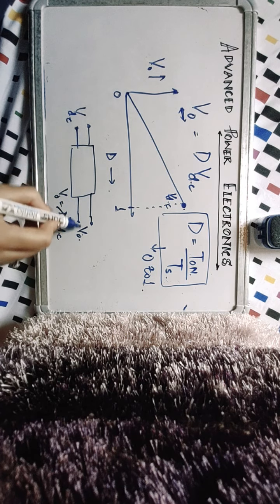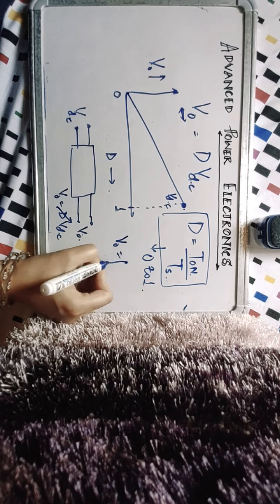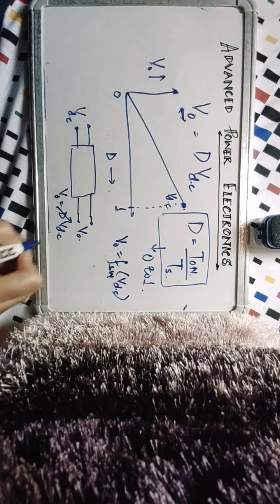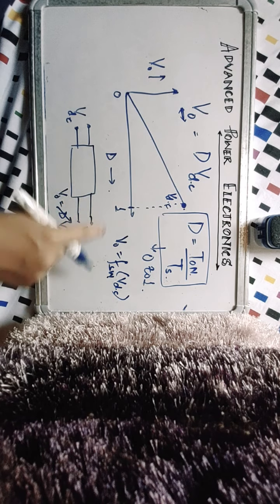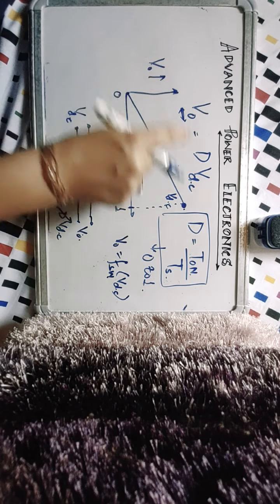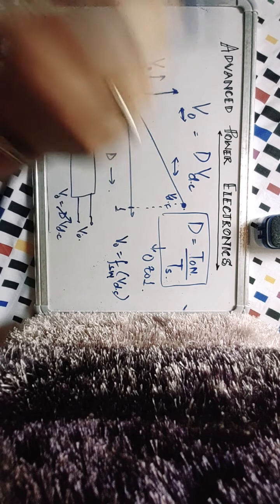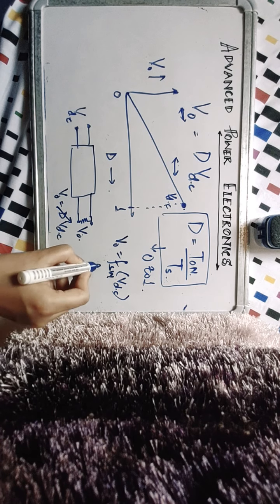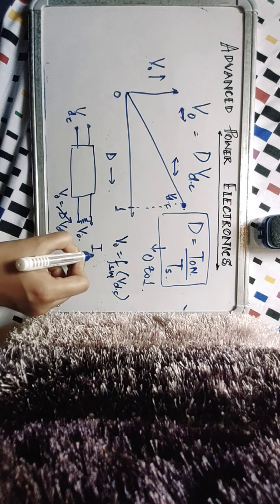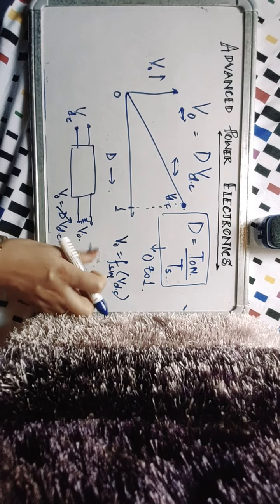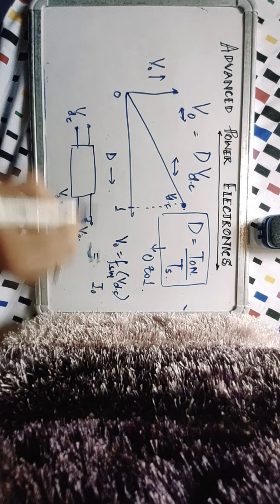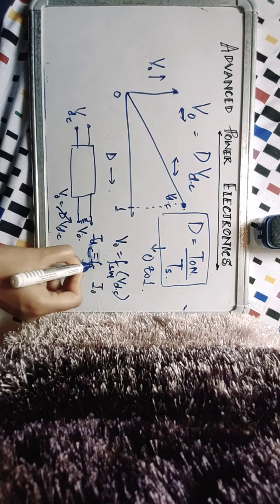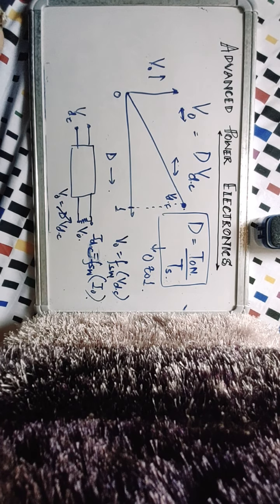Now V naught is a function of VDC, and once this V naught is fixed, depending upon what duty ratio you have given and what your input is, once this V naught is fixed, whatever resistance is connected in the load, your I naught will be fixed. Okay, your I naught will be fixed, and then your IDC becomes a switching function of that I naught.